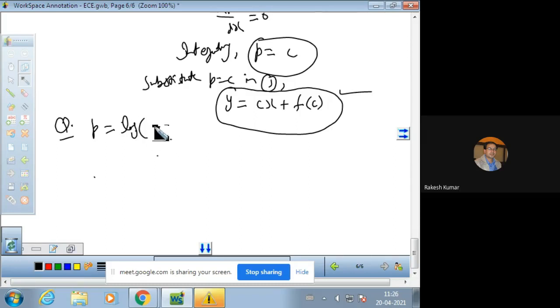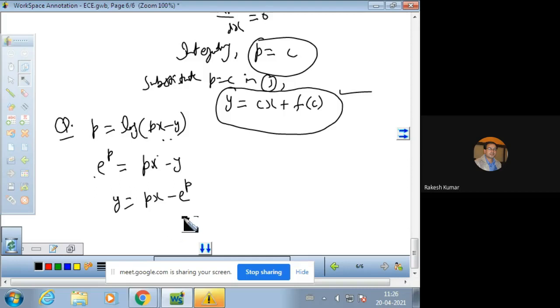It can be written as e raised to power p is equal to px minus y, or y can be written as y is equal to px minus e raised to power p.